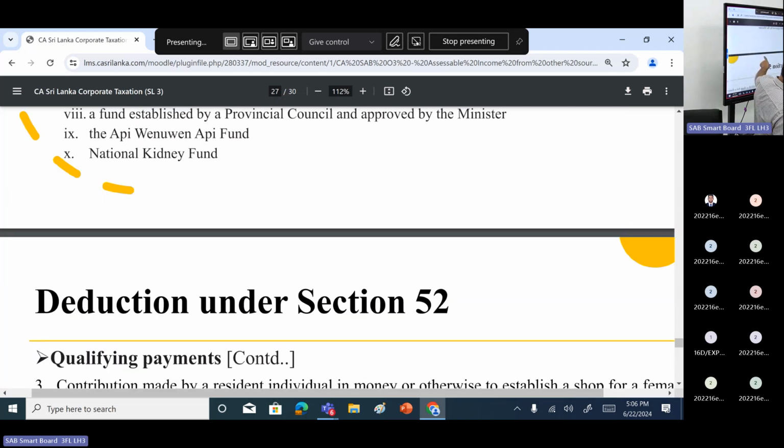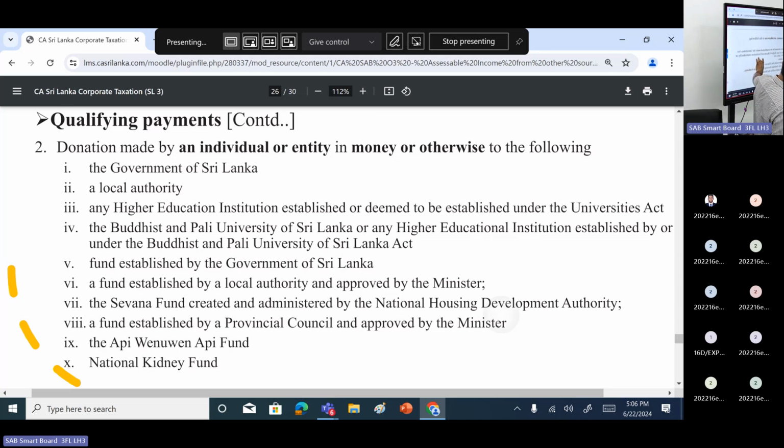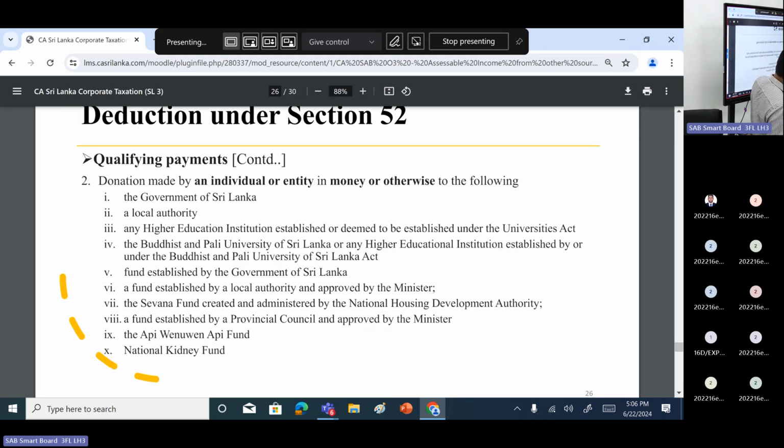Very recently I got a query where somebody is seeking an opinion. A particular company is planning to give an ambulance to Suwa Seriya, number 1990, right?